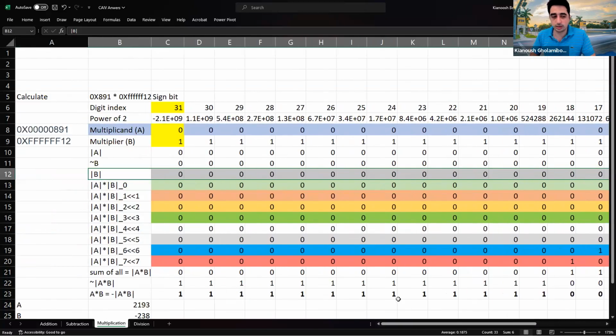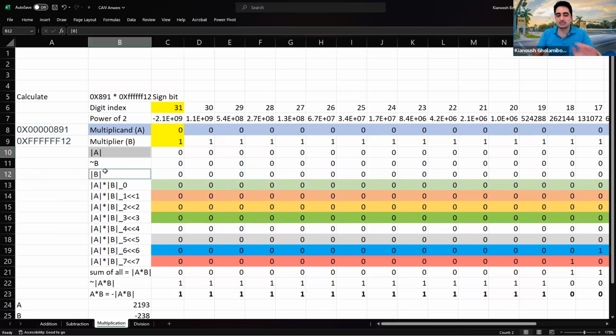What I'm going to do here is multiply A by B with the same approach that we do by hand. This is the approach that you learned in your very early years in school, which says when you want to multiply A by B, you have to start with the rightmost digit of B and multiply it by the whole A. Then calculate the result and write it down.